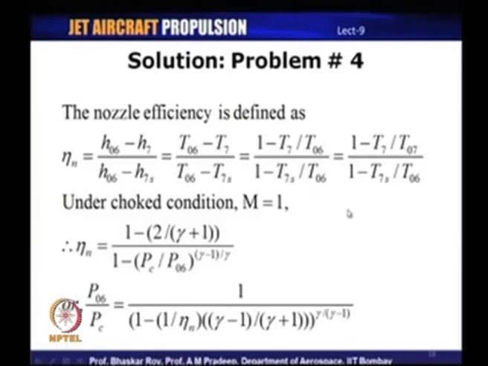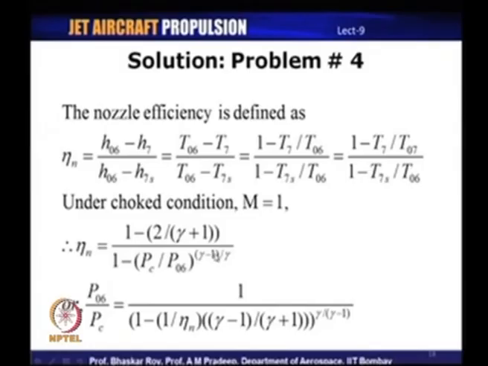Similarly, the pressure under choked condition is basically the critical pressure, and so this temperature ratio that we have, T7s by T06, will become equal to the critical pressure divided by P06, that is total pressure, Pc by P06 raised to gamma minus 1 by gamma. So, efficiency of the nozzle reduces to 1 minus 2 by gamma plus 1 divided by 1 minus Pc by P06 raised to gamma minus 1 by gamma.